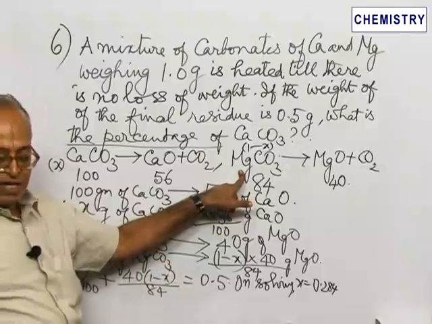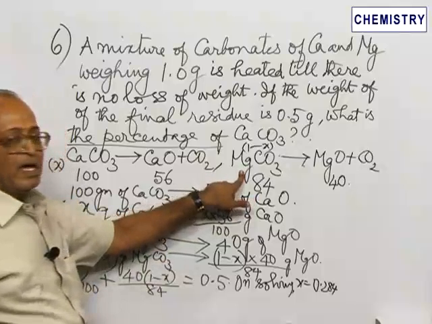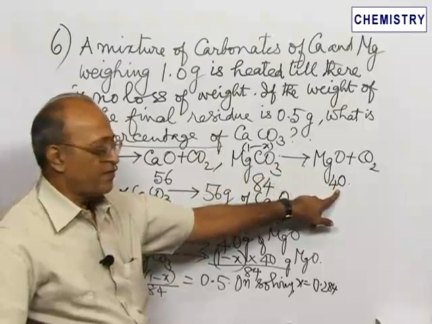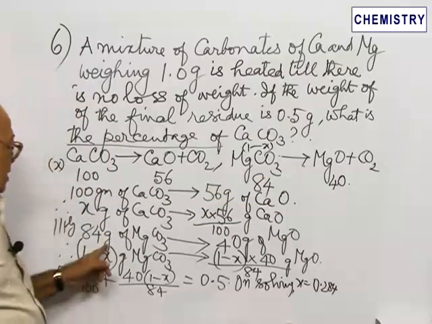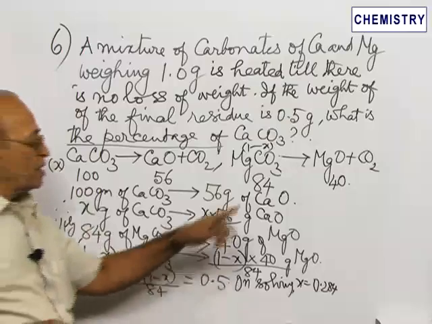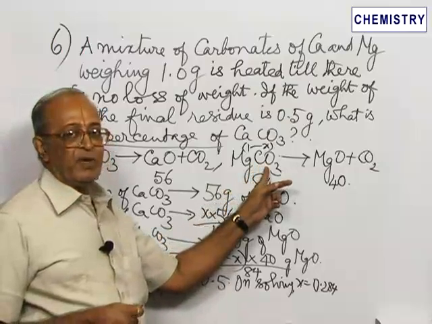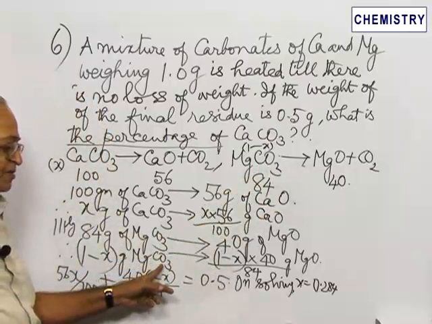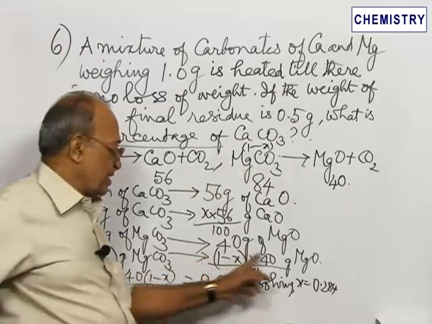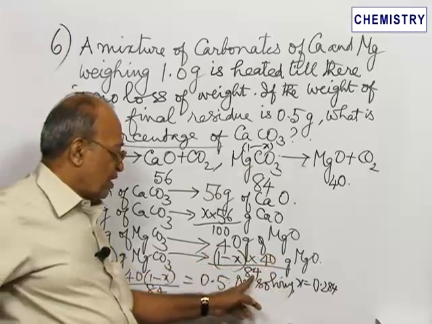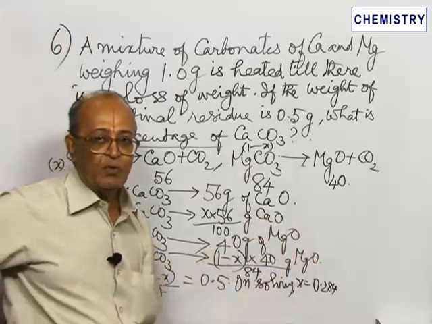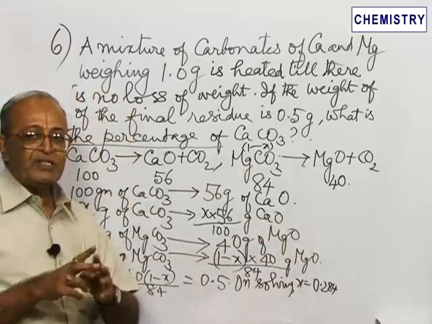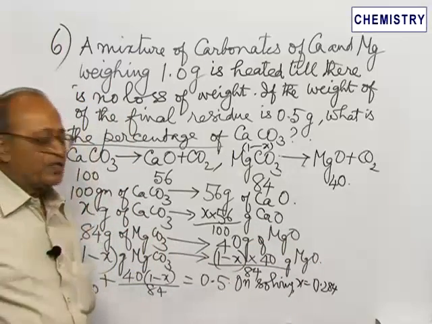From this balanced equation, again it is very clear, 84 grams of magnesium carbonate will give 40 grams of MgO. But I have assumed 1 minus X to be the weight of magnesium carbonate. So 1 minus X gram of magnesium carbonate will give (1 minus X) into 40 by 84 grams of MgO. So I have obtained the weights of two residues.